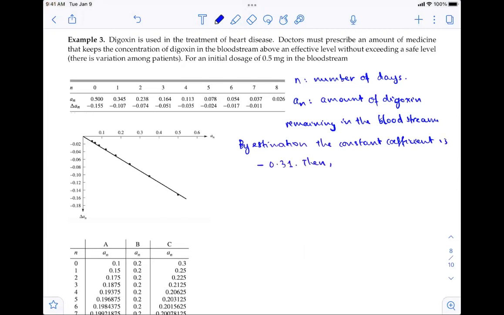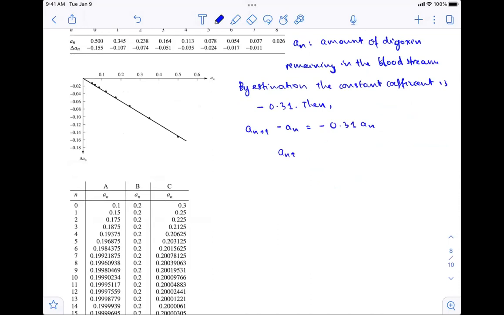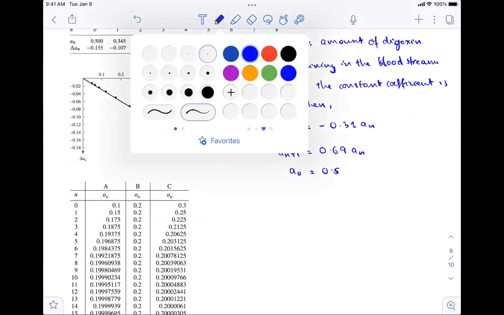Then the difference equation is a sub n plus 1 minus a sub n equal to negative 0.31 a sub n, or a sub n plus 1 is equal to 0.69 a sub n, right? And a sub 0, of course, is equal to 0.5, which is the initial value. And this is the linear dynamical system.